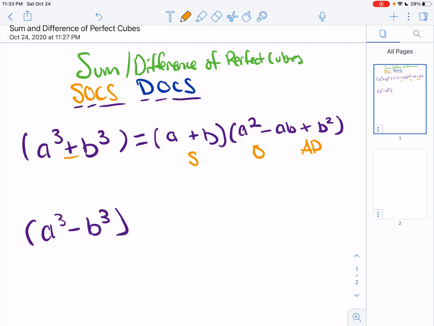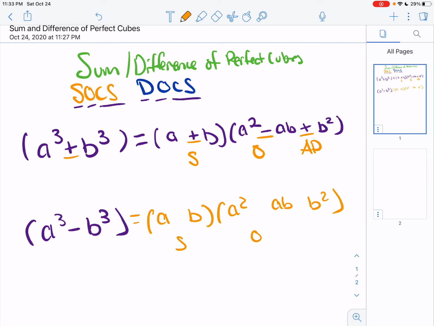So what that means is the sign is the same, the sign is opposite, and then the sign is always positive. So the same thing applies for a to the third minus b to the third, a cubed minus b cubed. So the letters of the formula stay the same: a minus b, a squared, ab, b squared, and now SOP.